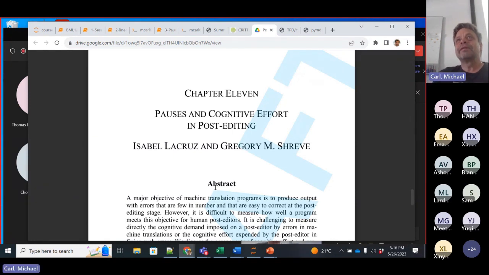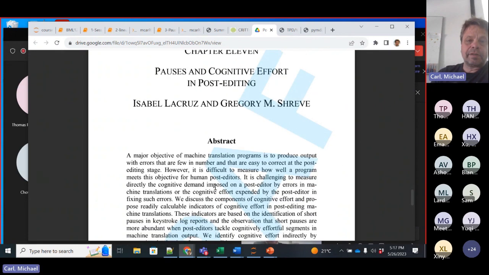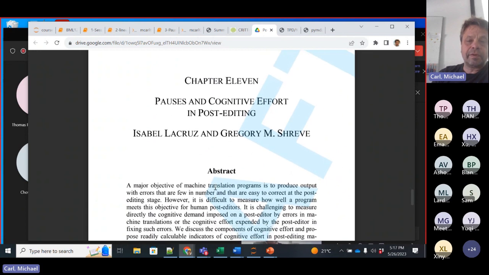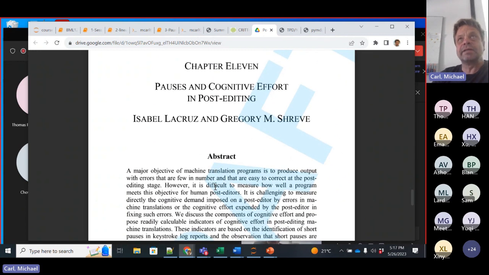But if we assume that they are involved in the translation task, the most likely reason why translators don't type is because maybe they think about what to type next. And this is, I believe, the whole idea about pause analysis.